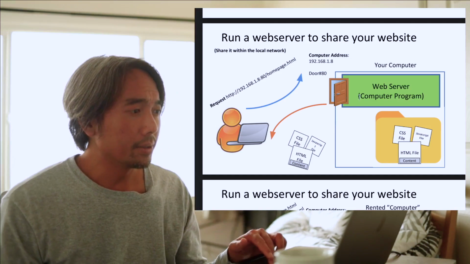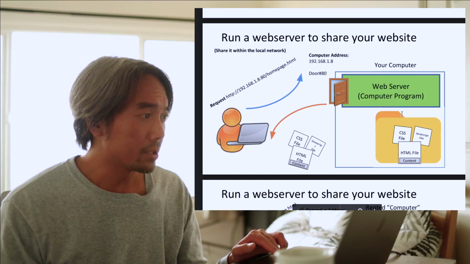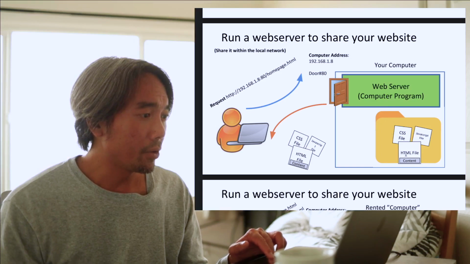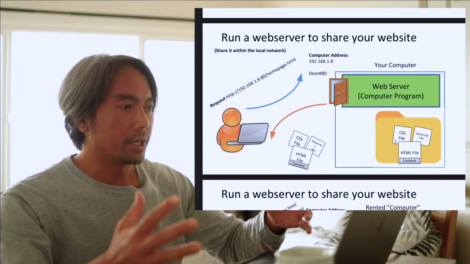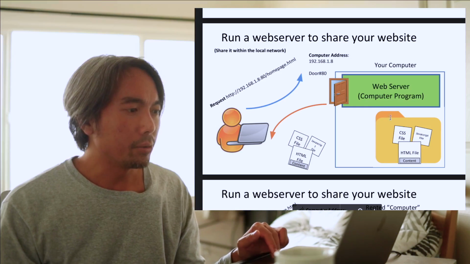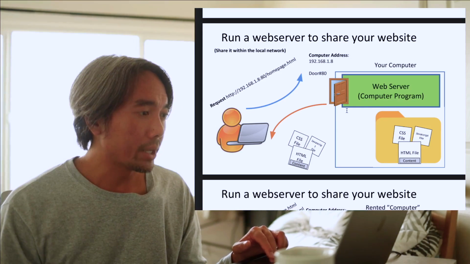Let's say on your computer right now, you have your HTML file, your CSS file, and your JavaScript file in a folder. How would you share these files to the world?